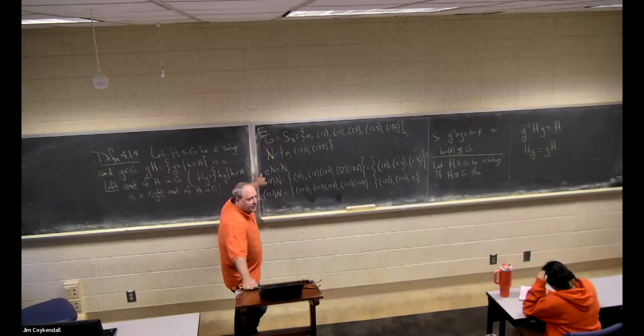Well, so what does this mean? So I can write z equals xh1 and z is equal to yh2, for h1, h2 in H. Everybody okay with that? Well, that means x is equal to yh2h1 inverse.